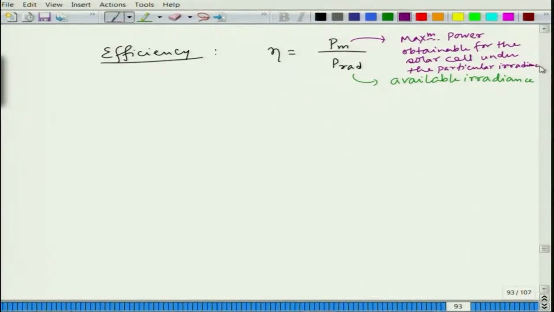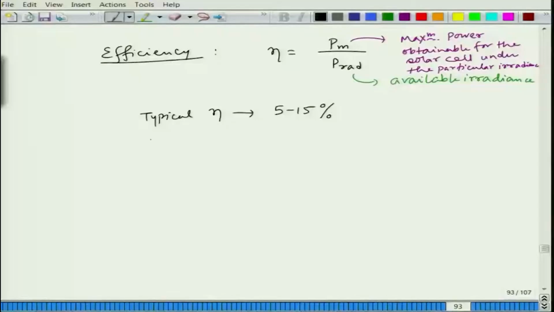Okay. So, typical efficiency values range from 5 to 15%. Most of the panels that you will get can only convert about 10% of the available solar radiation into electricity. It is pretty poor. So, current focus in research is how to increase this efficiency to a larger value.